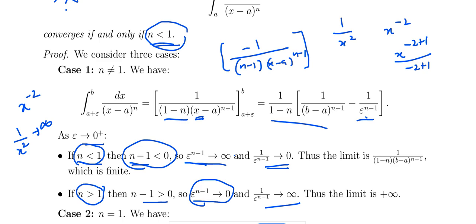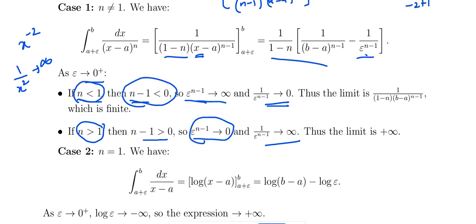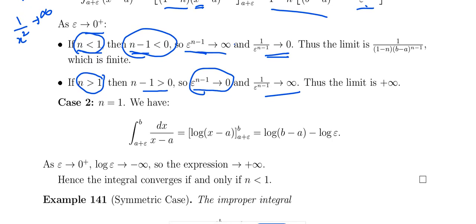Okay, when we take n equal to 1, what happens in the particular case? dx by x minus a, integrating gives log of x minus a, from a plus epsilon to b, so log of b minus a minus log epsilon, when a plus epsilon is substituted. As epsilon tends to 0 plus, log epsilon is log 0, minus infinity, so it approaches minus infinity.